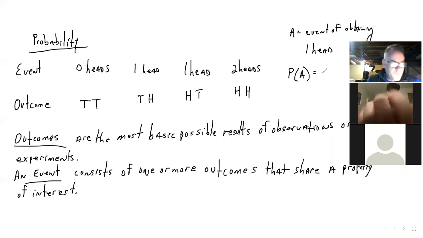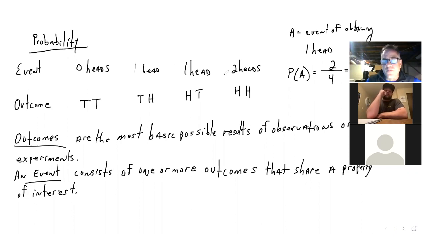Look at it here, there are 4 possible outcomes. But out of those outcomes, there are 2 ways I could obtain a head: either first flip a tail, then a head, or first flip a head, then a tail. So, which could reduce down to 1/2 or 0.5.